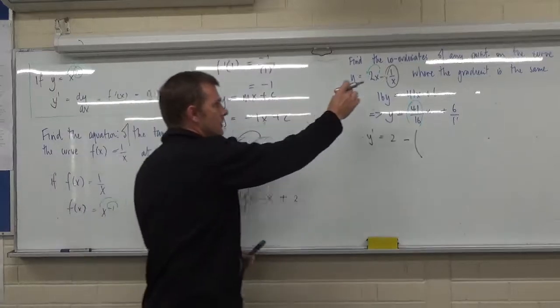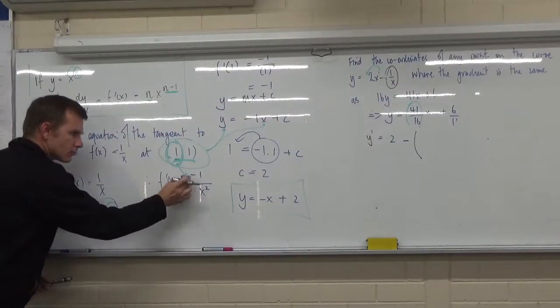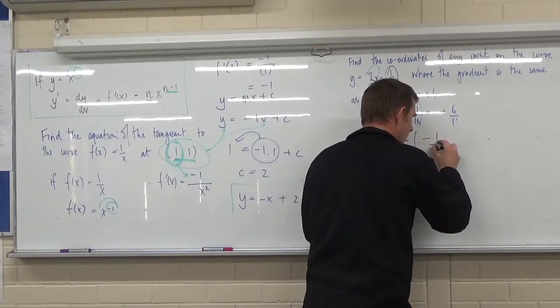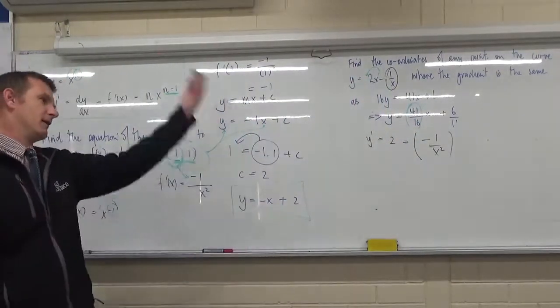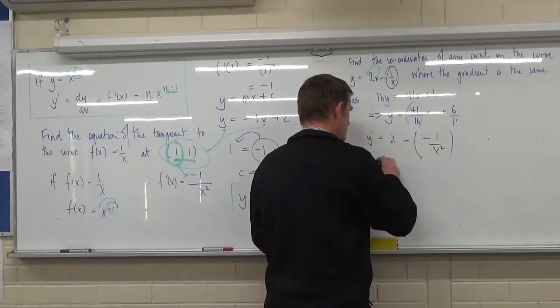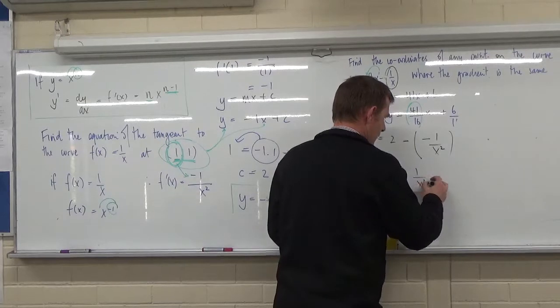Because the part I differentiated was minus 1 over x, and that is equal to plus 1 over x squared. So I actually was in the right spot. Why did I rub that out? That's okay. Let's go through again. So y dash would equal 2 plus 1 over x squared.